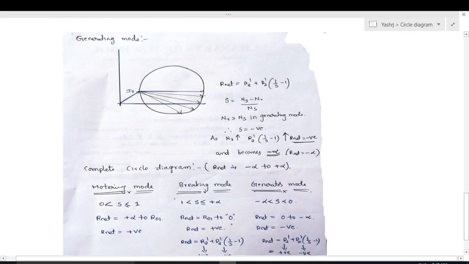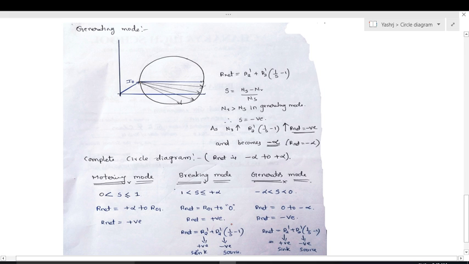Next, let us discuss the generating mode of the induction machine. So look at this: net resistance is R2 dash plus R2 dash into 1 by S minus 1.